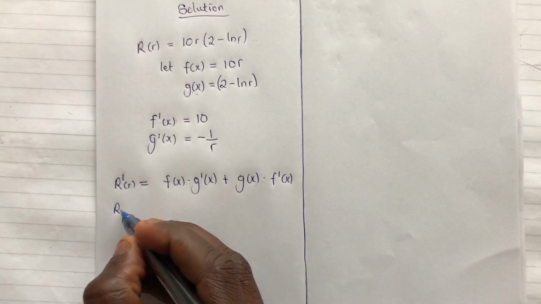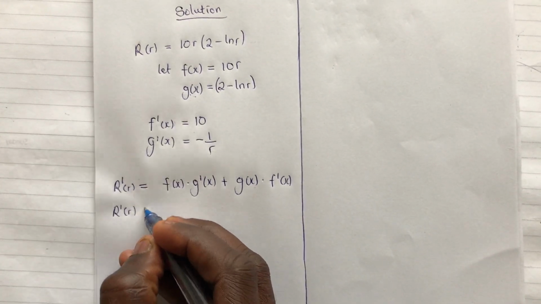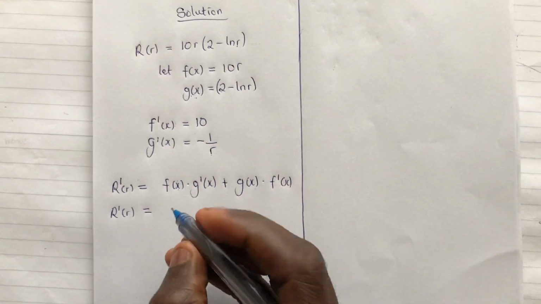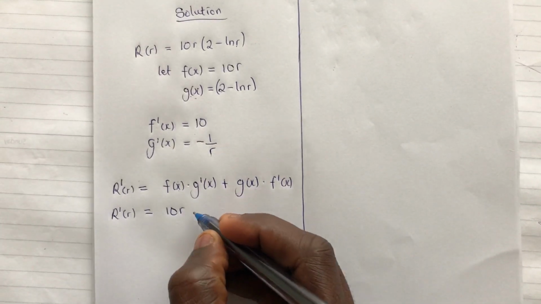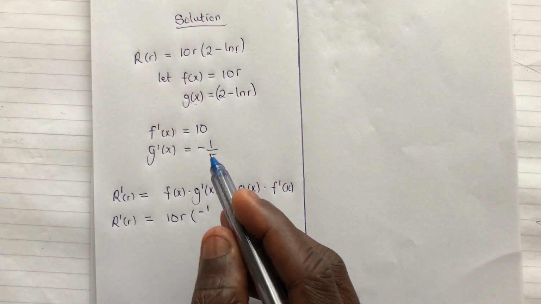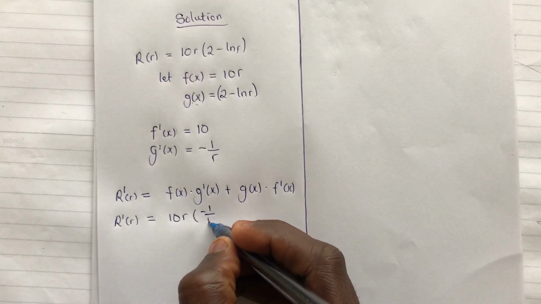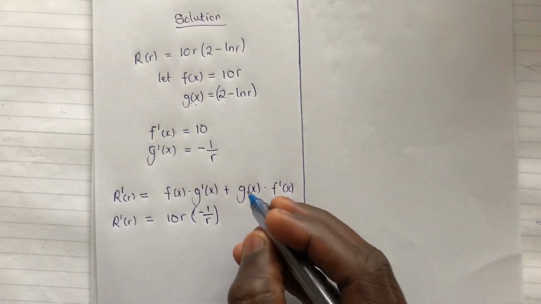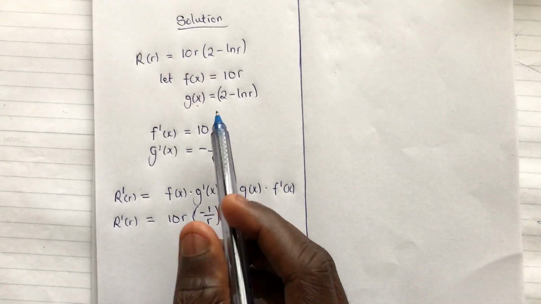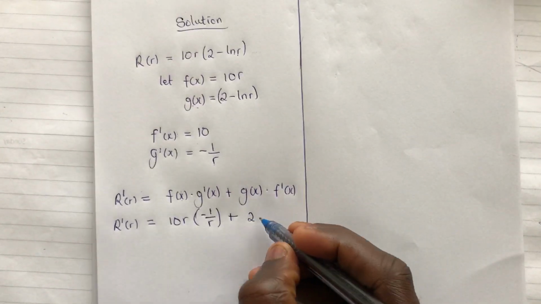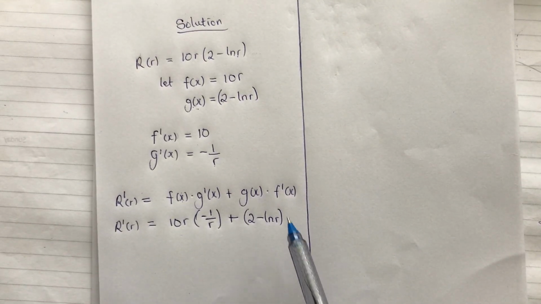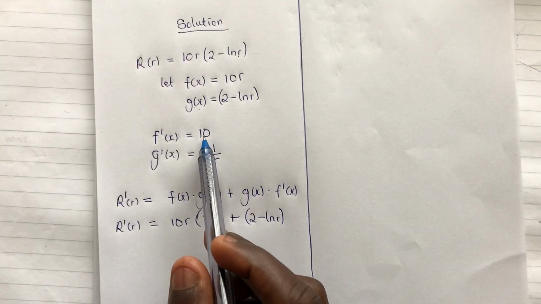So we have r bar of r will give us, now what was f of x? f of x was 10r, times, what was g bar of x? g bar of x is negative 1 over r, plus, now we move on to g of x. g of x here is 2 minus ln r. Now we multiply the result by f bar of x, which gave us 10.